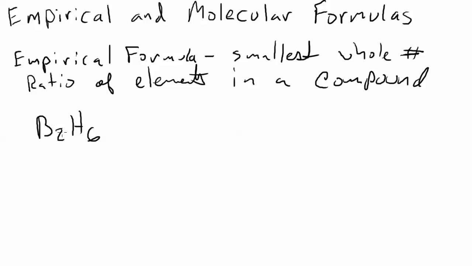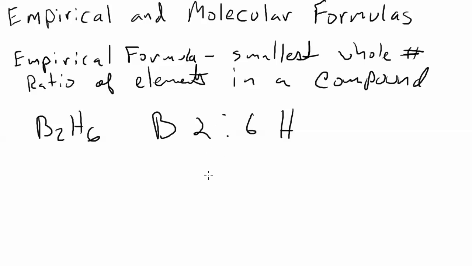Its empirical formula would be the smallest whole number ratio of these two elements to each other. Well, what is the ratio of these elements to each other right now? In other words, what's the ratio of boron to hydrogen in diborane? Well, it's 2 to 6. But most of you are math savvy enough by now to realize that that's not the smallest whole number ratio that you can have there.